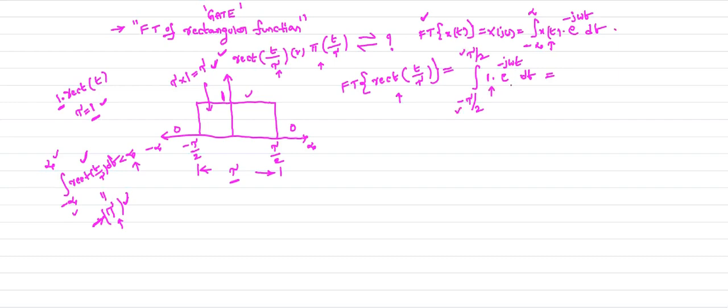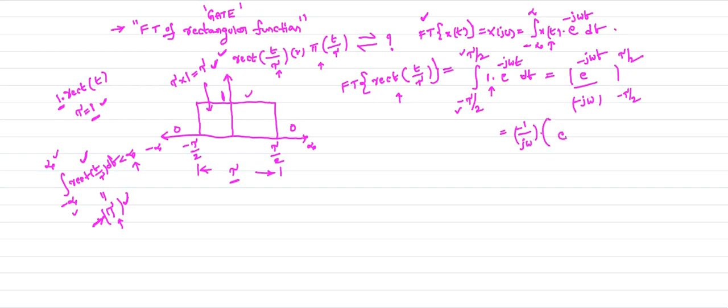Now what about the integration? Integral of e power minus j omega t dt is what? It is e power minus j omega t divided by the coefficient of t, which is minus j omega, and you just substitute the limits minus tau by 2 to tau by 2. What is the result here? We will get 1 by minus j omega into, first substitute the upper limit.